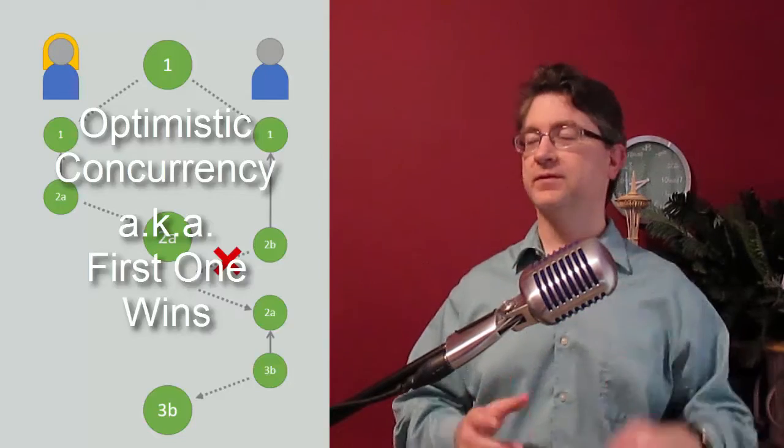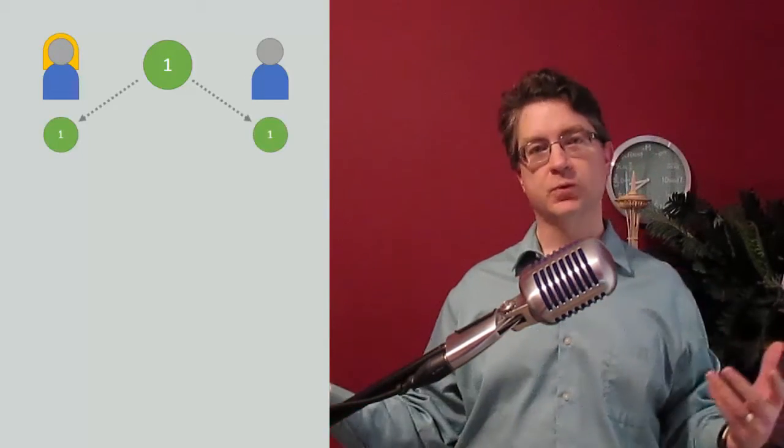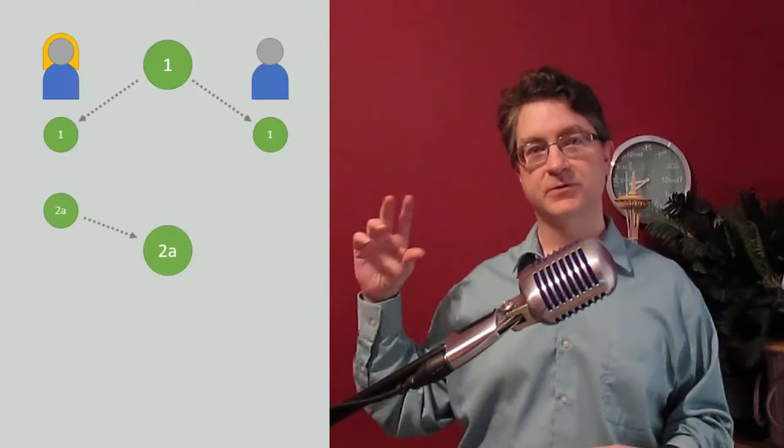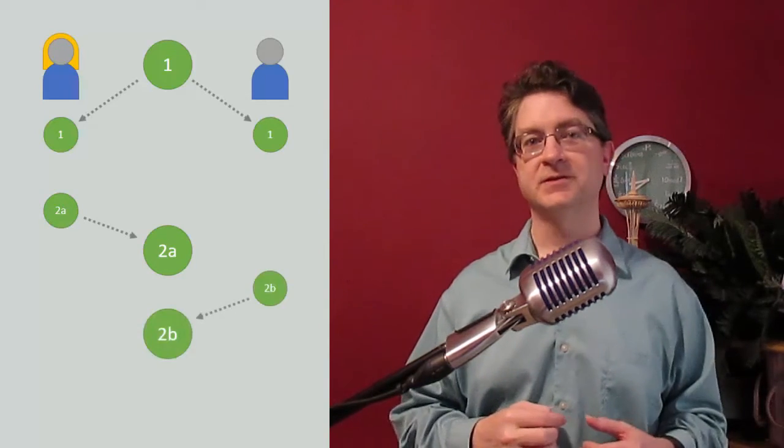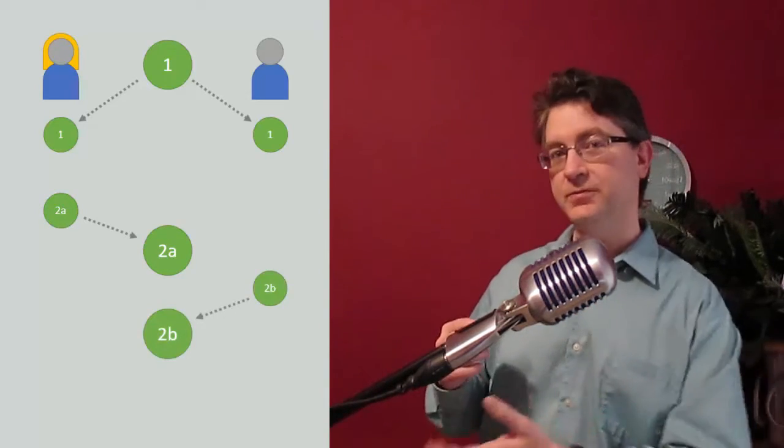Let's compare that with the third concurrency strategy I want to talk about, last one wins. And this is the one that you've probably implemented most of the time because it's the one you implement by default. And so in this one, Alice and Bob have a shared resource. They both read version 1. And now Alice makes a change, so she writes version 2a to the shared resource. Bob wants to make a change, so he writes version 2b.